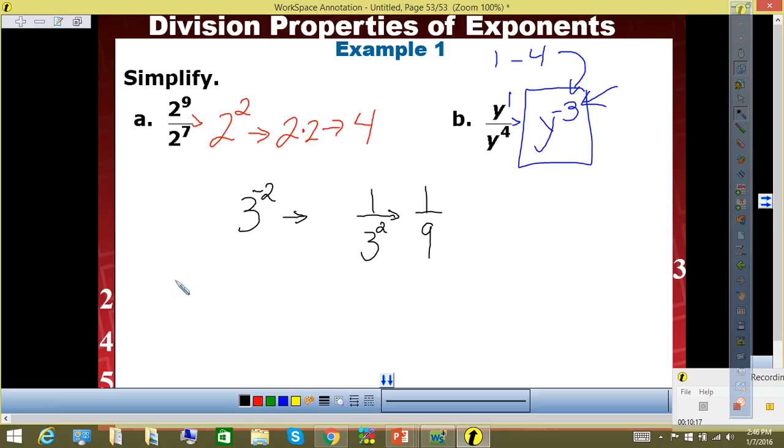If I had 3 to the fourth over 3 to the sixth, what happens to the exponents? Subtract, so this is 4 minus 6, that's what? Negative 2. We end up with this, right? But how does this turn to this? Let me show you. Look up, please, or you're going to miss it.